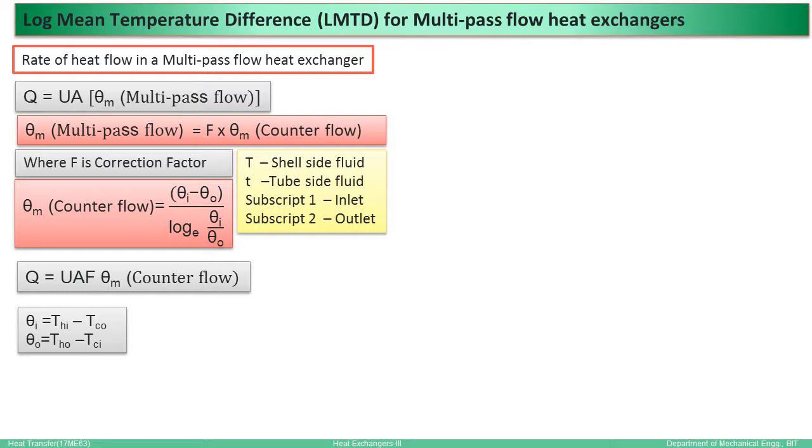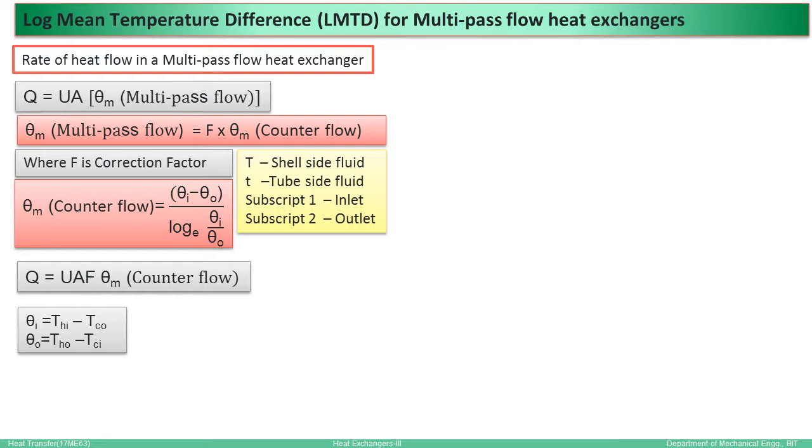Whether it is an evaporator or a boiler, if it is a water tube boiler, water flows inside the tubes, which is cold, and the flue gases resulting from the combustion of coal flow over the water tubes.